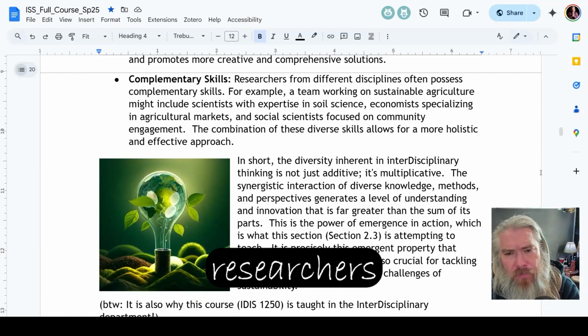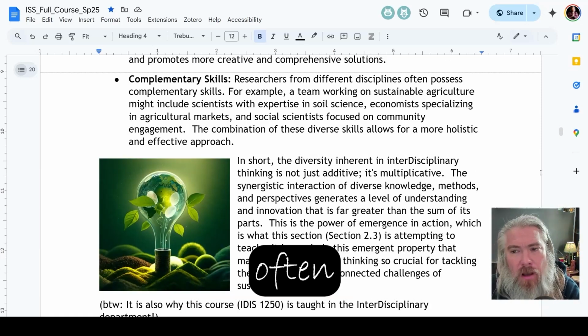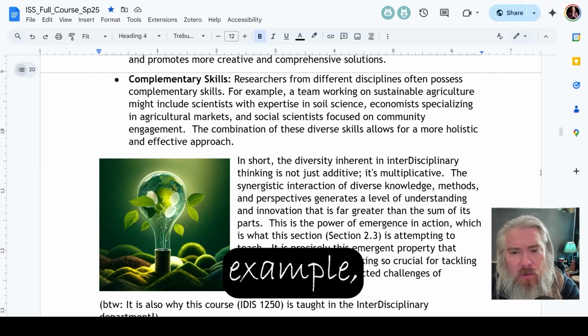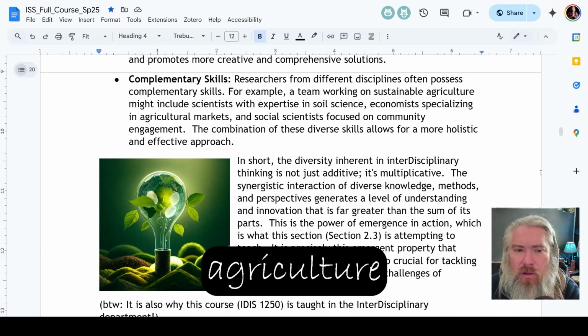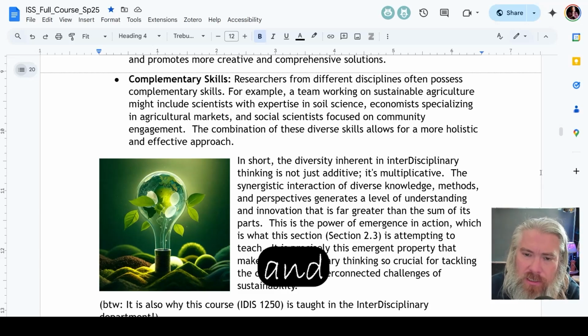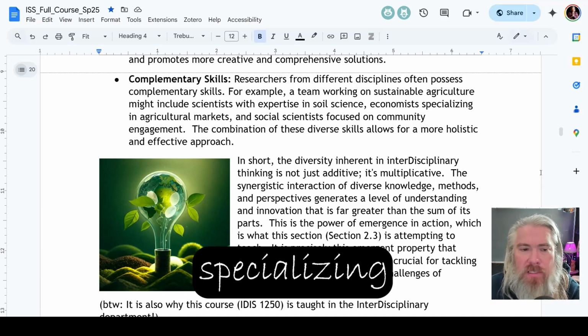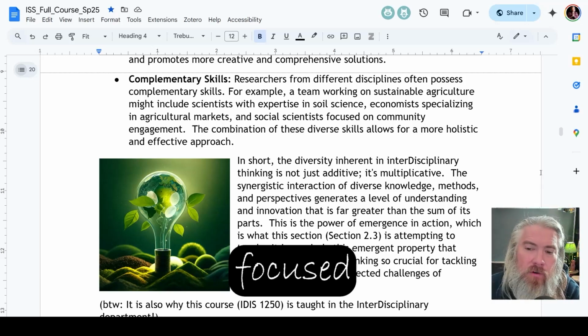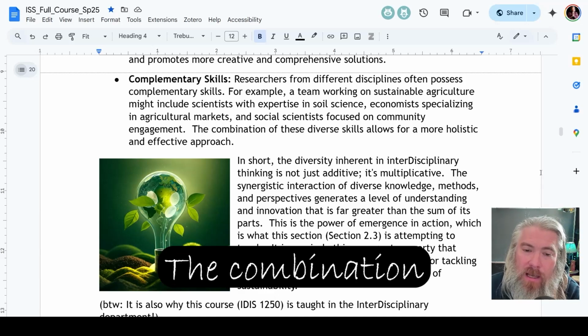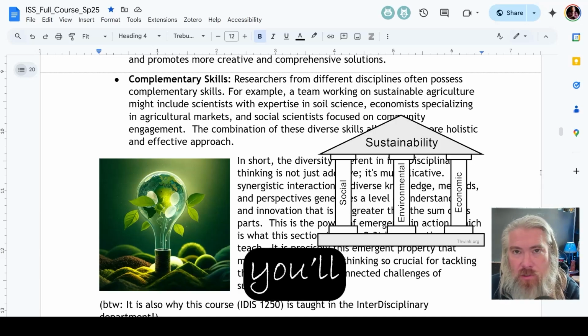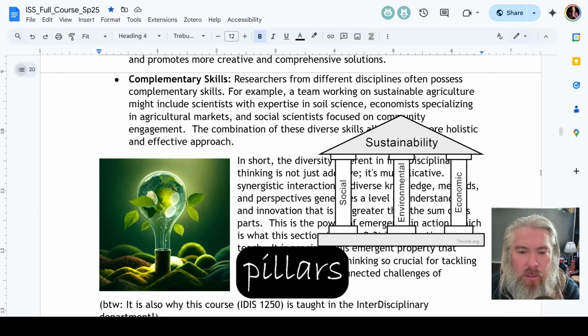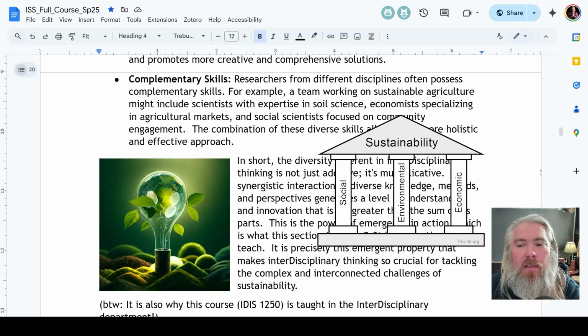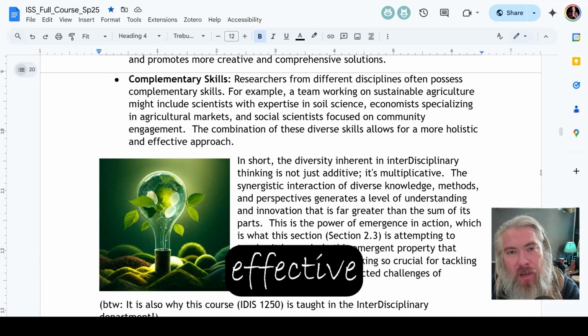Complementary skills. Researchers from different disciplines often possess complementary skills. For example, a team working on sustainable agriculture might include scientists with expertise in soil science, economists specializing in agricultural markets, and social scientists focused on community engagement. The combination of these diverse skills, which you'll notice correlates to our 3 pillars of sustainability, allows for a more holistic and effective approach.